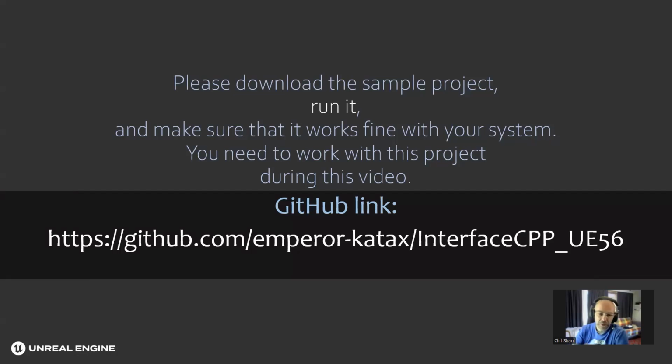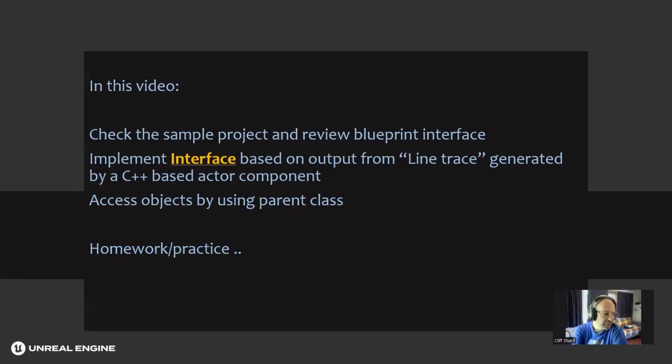It's Unreal Engine 5.6. In this video, we check the sample project, review Blueprint interface and compare that to C++ implementable Blueprint interface. Then we use line trace in C++ to run our interface from C++. Previously, you learned how to run interface by line trace in Blueprint.